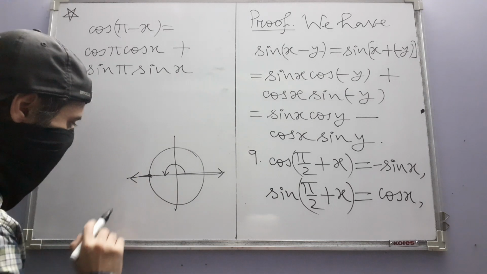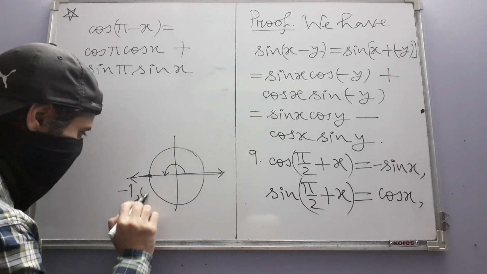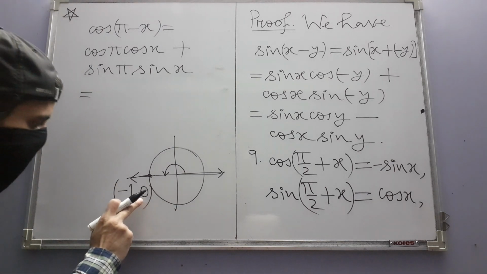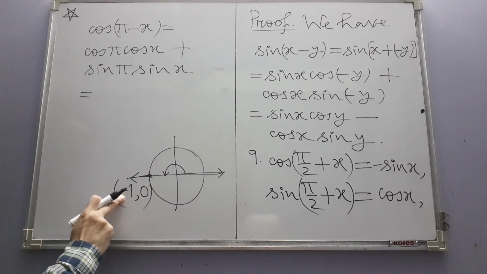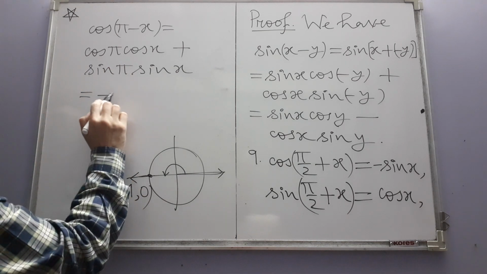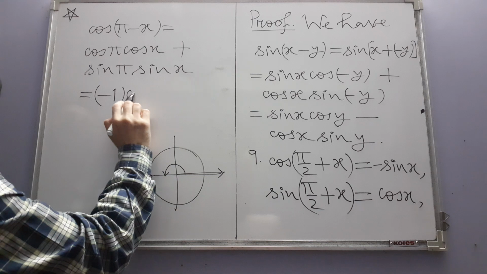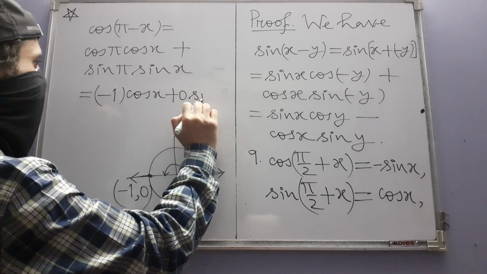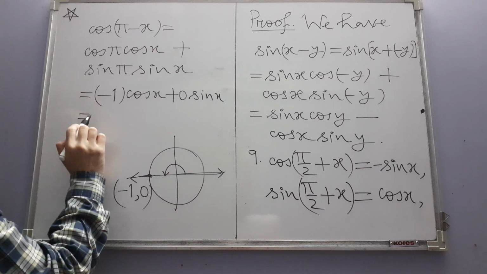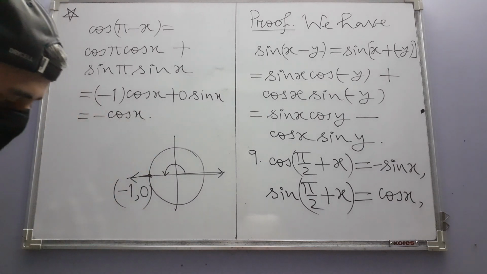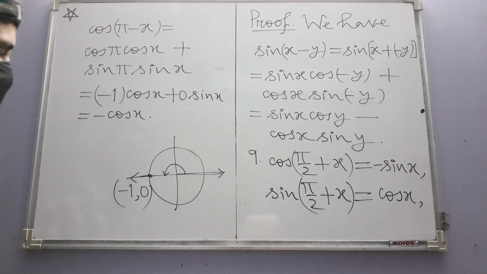What are the coordinates of this point? (-1, 0). So the first one is cos and the second one is sin by definition. Cos pi is -1 and sin pi is 0. So that way you have minus cos x. It should be, yeah, it is minus cos x.